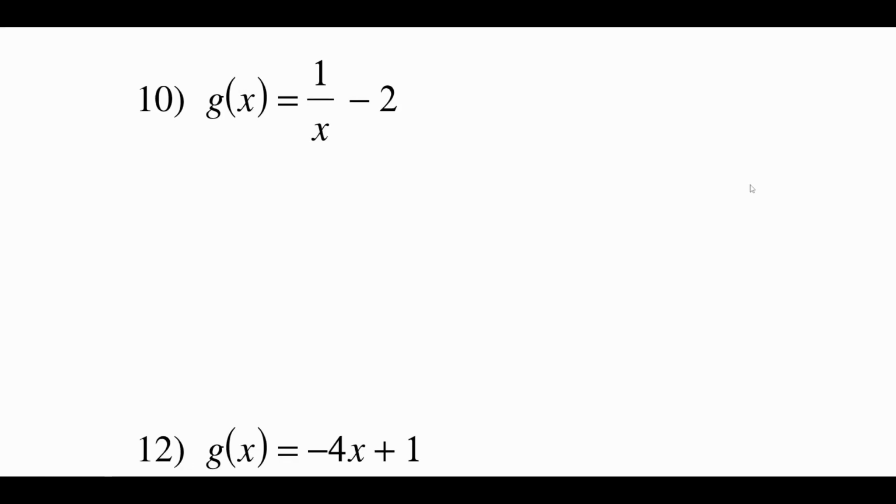In number 10, we have that g of x equals 1 over x minus 2. As opposed to writing this in terms of x and y, I'm going to swap my g of x and x, but I'm going to make note that by swapping that, it's really the inverse function. So I'm going to have x equal to 1 over the inverse of g of x minus 2.